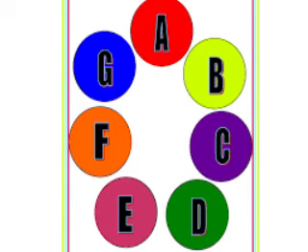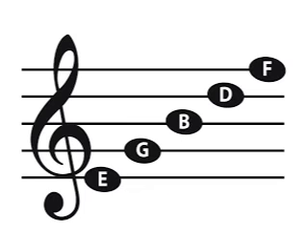The lines of the treble staff are named E, G, B, D, and F, counting from the lowest line. You have E, G, B, D, F. That's how we name the lines.